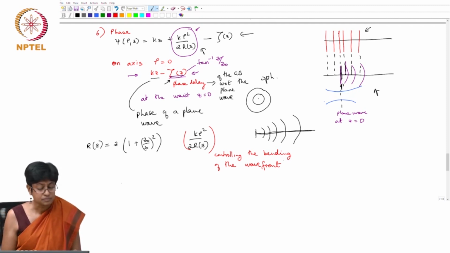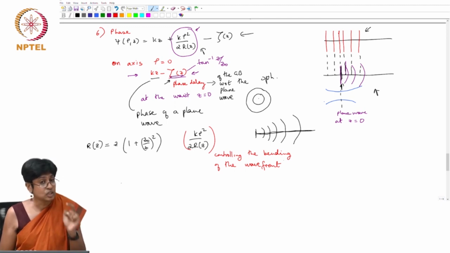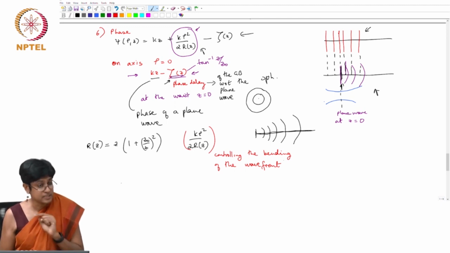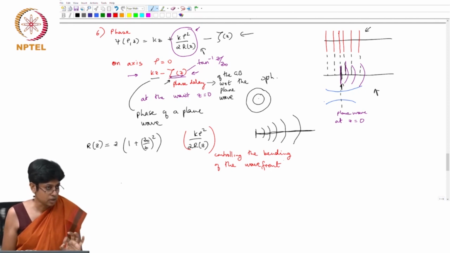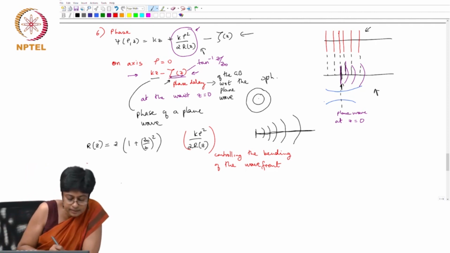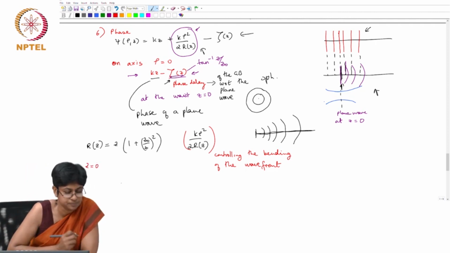Now, the radius of curvature is a function of z. So, as the wave travels, the curvature is taking on a different size, right? It is also a function of z naught, which is an inherent parameter of your beam. How does this R of z vary? So let's look at two different cases. Let's say I take the case when z is equal to 0.